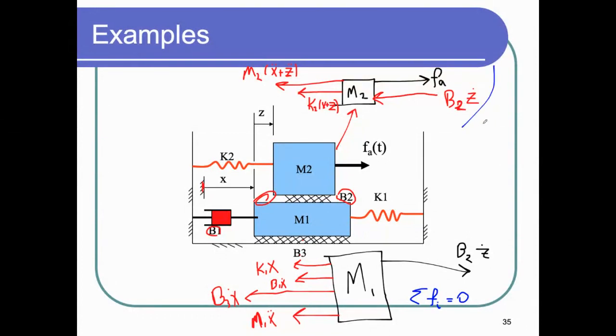Here, the summation of the other forces Fn is equal to Fa. Okay, using D'Alembert's law.